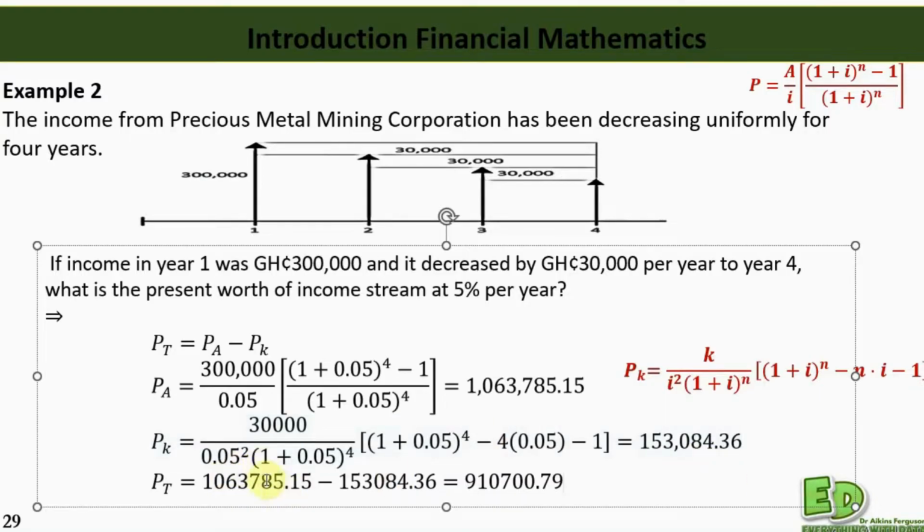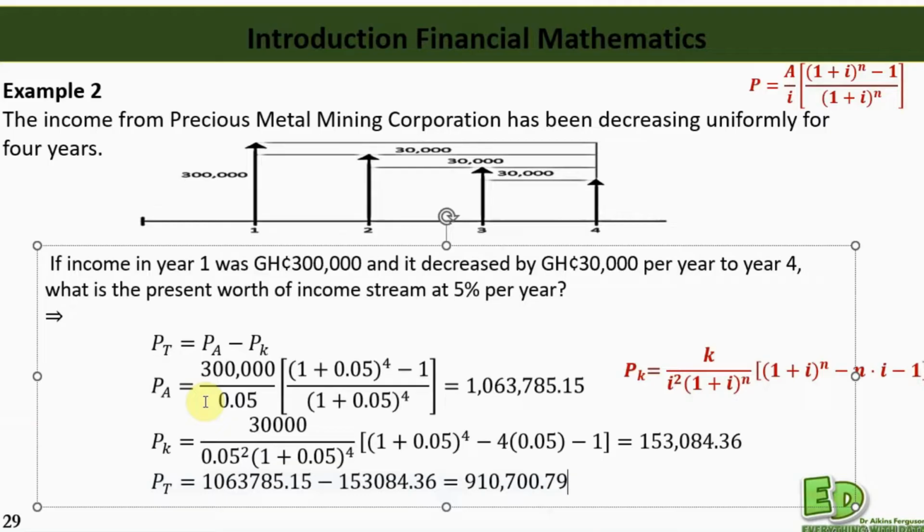So the total is the present value of the uniform amount minus the present value of the constant decrease. Subtracting that will give you 910,700.79.